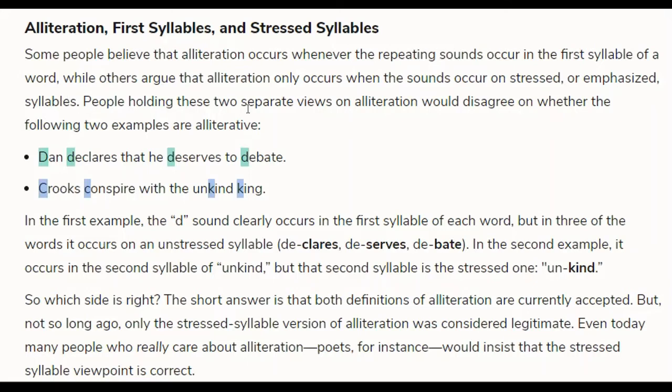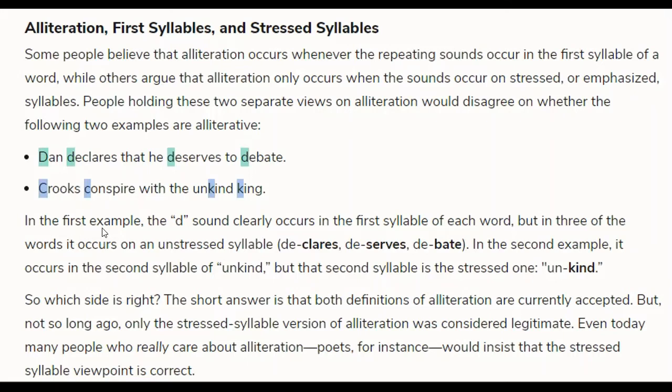People holding these two separate views on alliteration would disagree on whether the following two examples are alliterative or not. First example, Dan declares that he deserves to debate. Here, repetition of D is done. And next example, crooks conspire with the unkind king. Here, C and K are repeated.